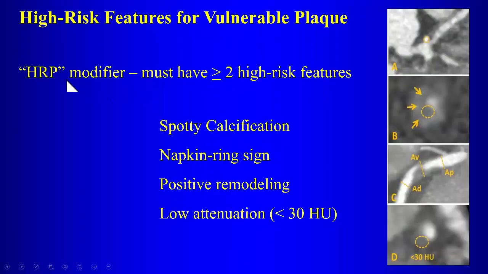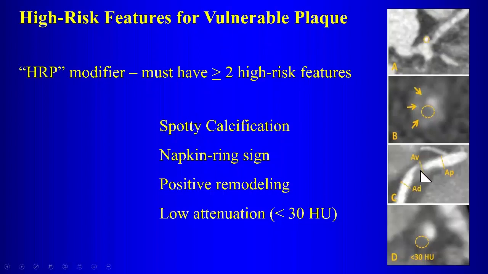So that's where they have this modifier for high-risk plaque, HRP. So spotty calcification, if you have small dots of calcification like that. Napkin ring sign, if you have this low attenuation region in the plaque surrounded by a higher attenuation region, this is supposed to be more unstable.